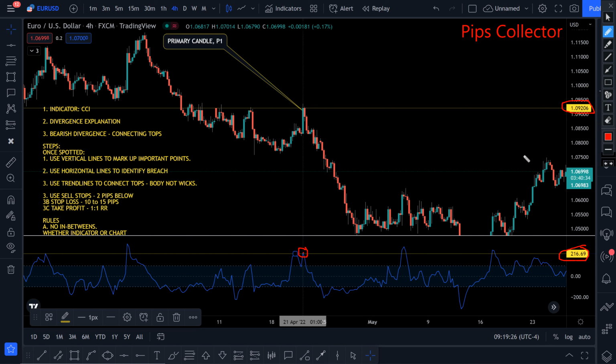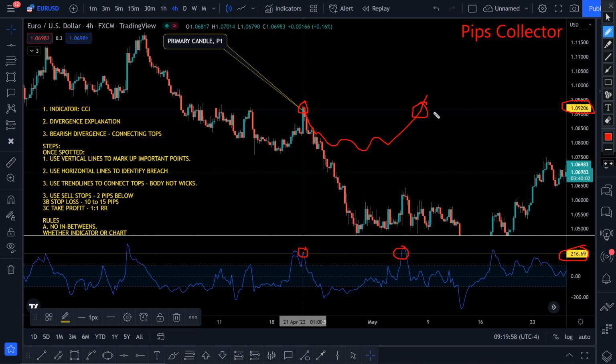Now what this implies is, since price has deviated from this peak, you're waiting for one of two things to occur. You're waiting to see if the chart will hit this mark first before the indicator, or if the indicator will hit this horizontal line first before the chart.